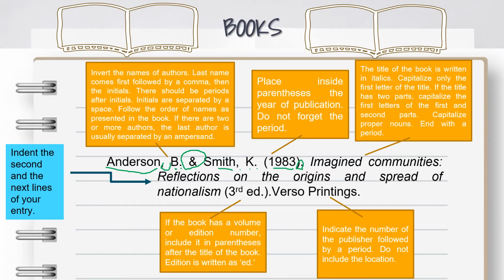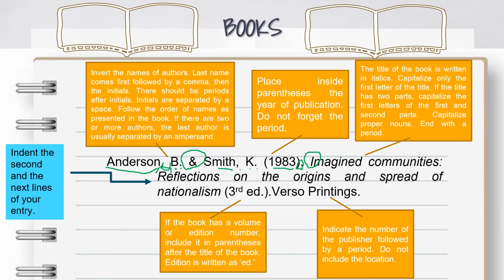In this example, we have two titles of the book: Imagined Communities, Reflections on the Origins and Spread of Nationalism, third edition. So I have mentioned earlier that if you have two titles, then you have to capitalize the first letter of the first and the second title.